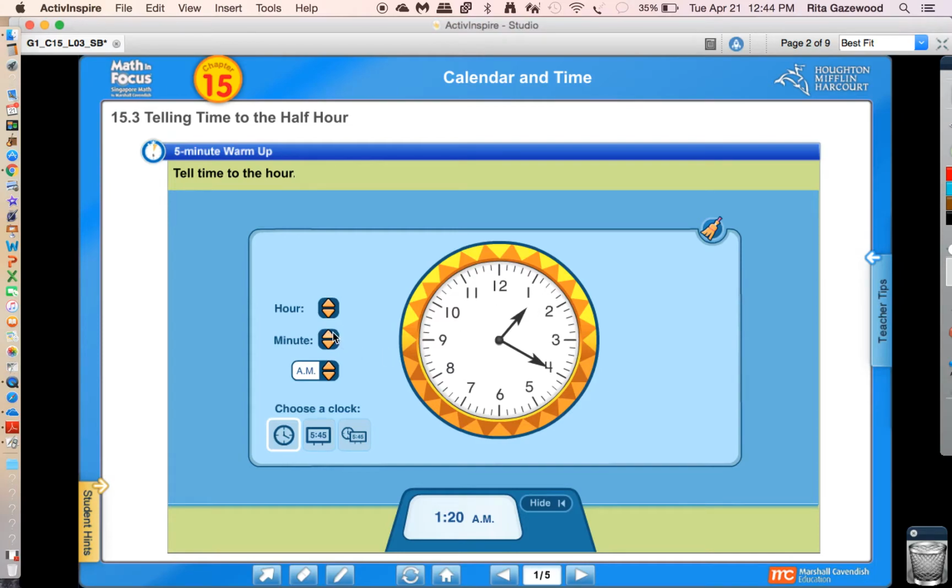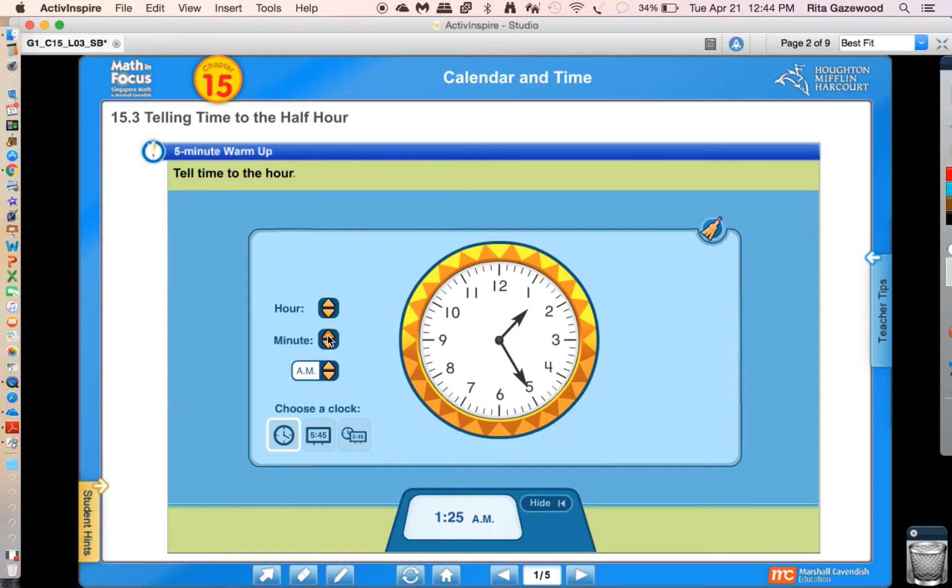So let's do some more. 1, 2, 3, 4, 5. Now the minute hand is pointing to the 5, so let's count by our 5s. 5, 10, 15, 20. Did you notice how the hour hand moved as well? It's getting closer to the 2.